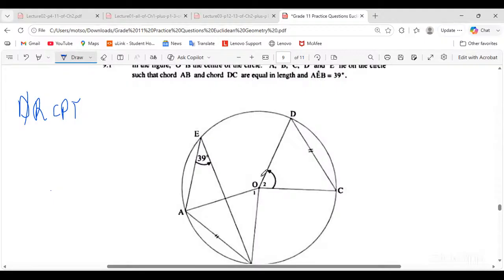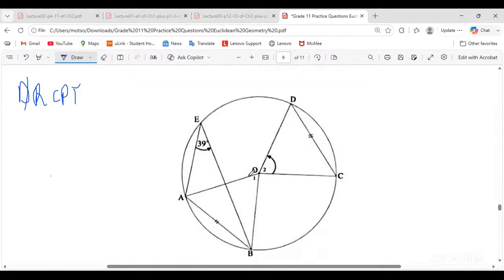OA is the radius. OB is the radius. Therefore, OA is equal to OB, radii. Therefore, now that forces the triangle ABO to be an isosceles triangle. Now, we can confidently say angle OAB is equal to angle OBA. Why? Because that is the base angles of an isosceles triangle, or angles opposite equal sides.